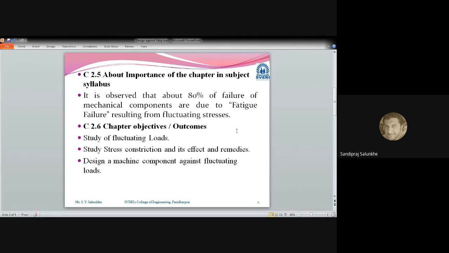It may fail after some usage, say after 10 hours, 100 hours, or 1 lakh hours. We cannot guarantee the component beyond, say, 100 hours, so after 100 hours you have to stop using it and replace it. That type of confidence we have to give to the users.